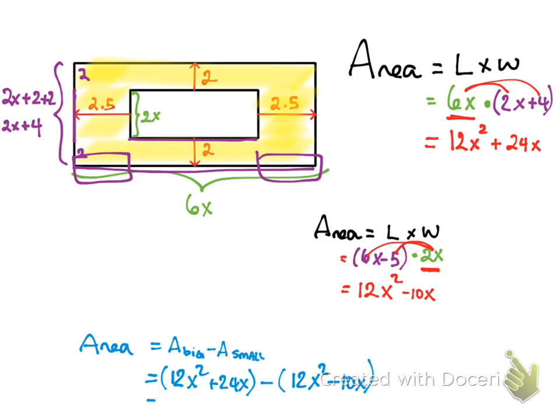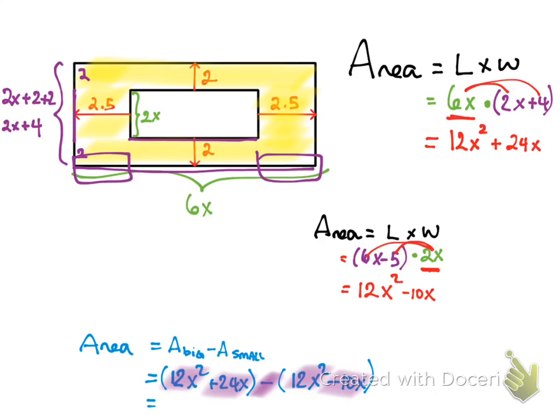Now, follow me. I'm going to start highlighting what I do in purple. So I do 12x squared minus 12x squared. 12x squared minus 12x squared is 0. So I don't write anything down. Next, I do 24x minus 10x. When I've got minus minus, I get a plus.